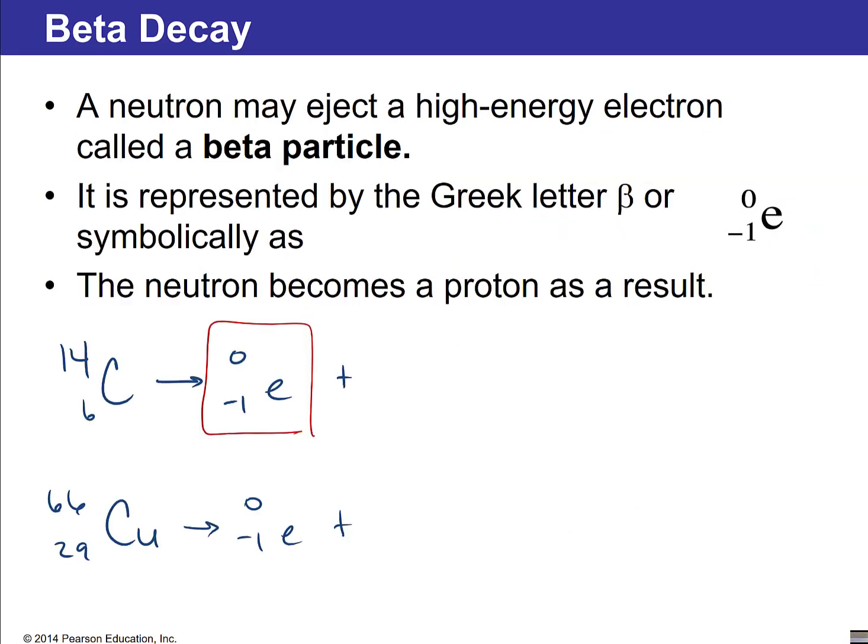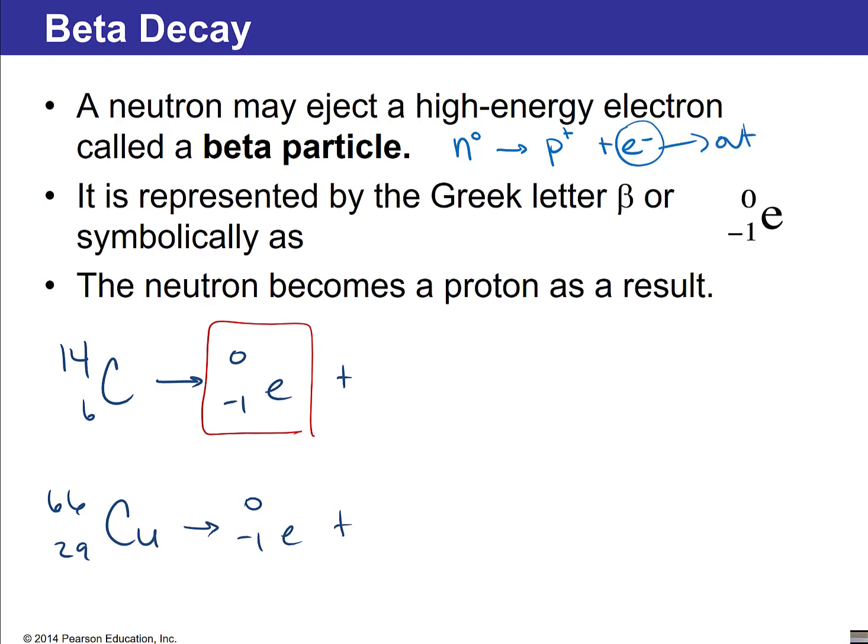Beta decay, on the other hand, happens in the nucleus of a radioactive atom. If a neutron breaks down, it becomes a proton and an electron.